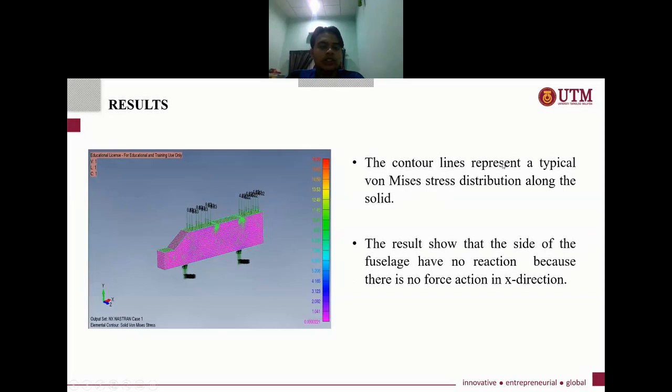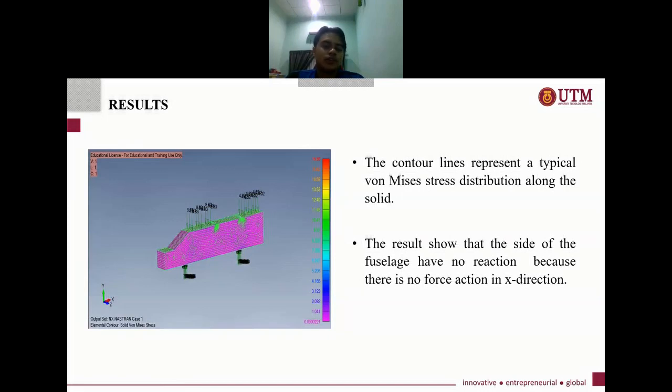So this is the result of the analysis, using the von Mises stress distribution along the solid. The contour has been set to the typical von Mises.